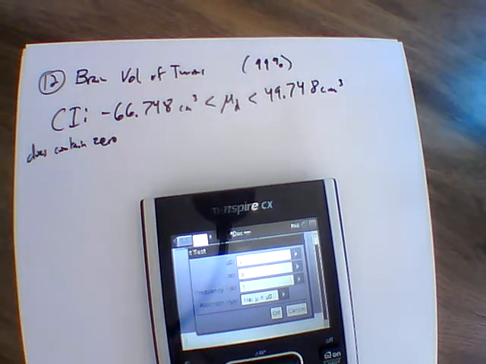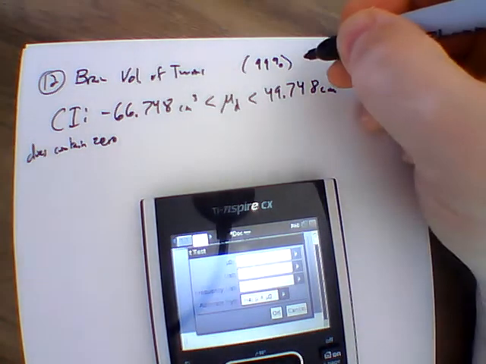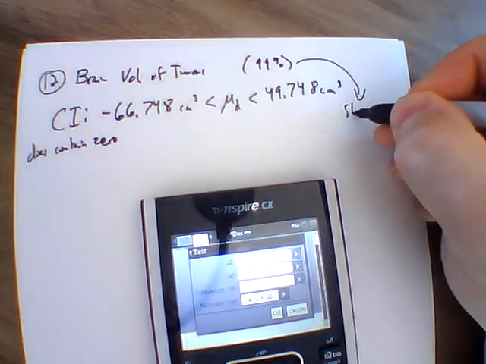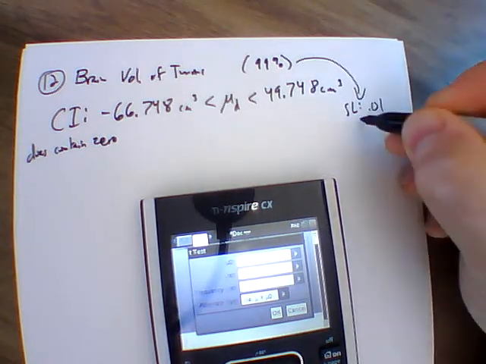So if we go back to our table, a 99% confidence interval talks about a two-tail test with a significance level of 0.01.